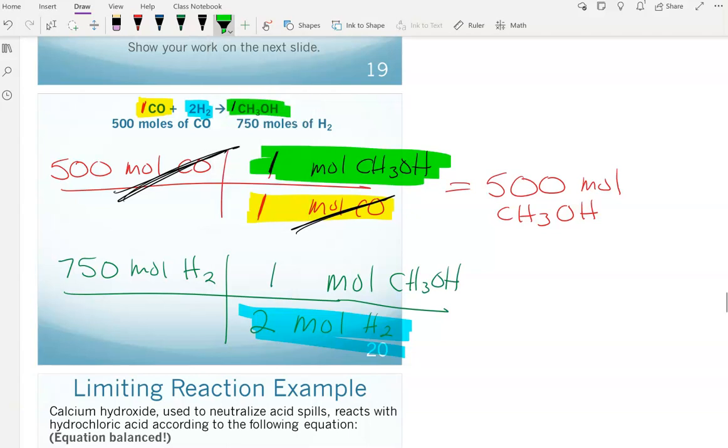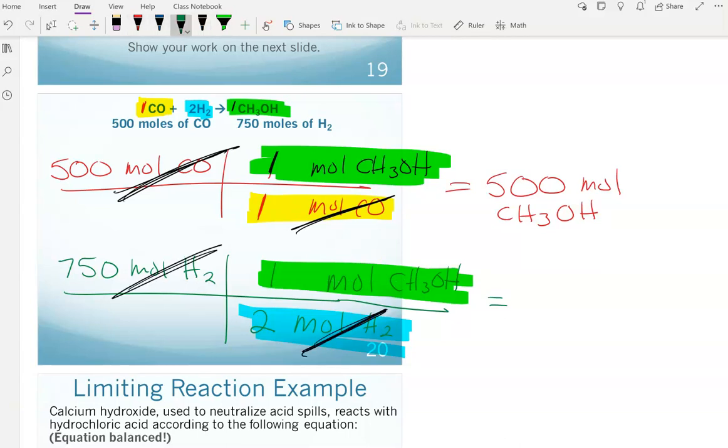We're converting both of these into the same product because we want to be able to compare them to each other. So this time I have 750 times 1, which is 750. And then we're going to divide that by 2. So 750 times 1 divided by 2, which is going to be 375 moles of CH3OH.